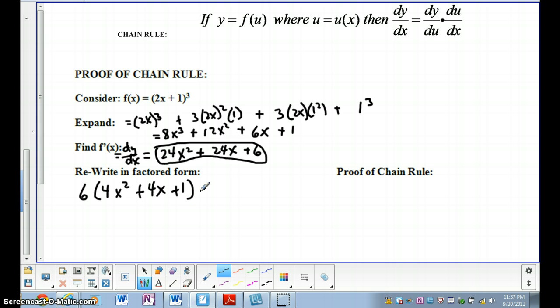And then we can factor out our 4x squared plus 4x. Our 6 would stay out here. And then we'd have 2x plus 1 and 2x plus 1. 2x plus 1 times 2x plus 1 would be 2x plus 1 squared.